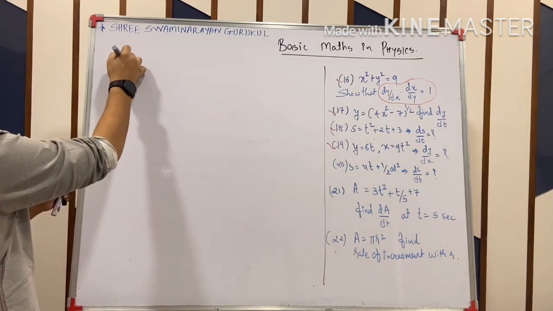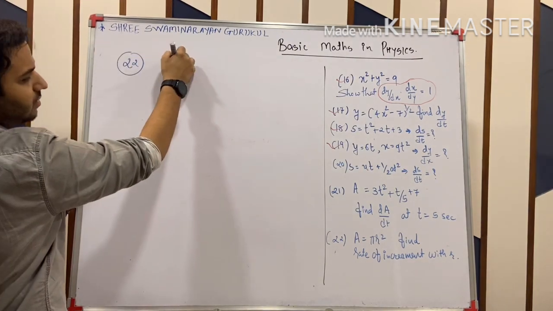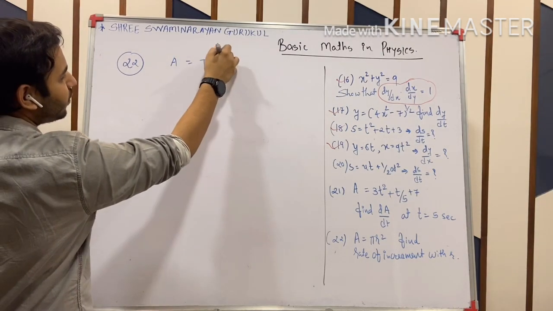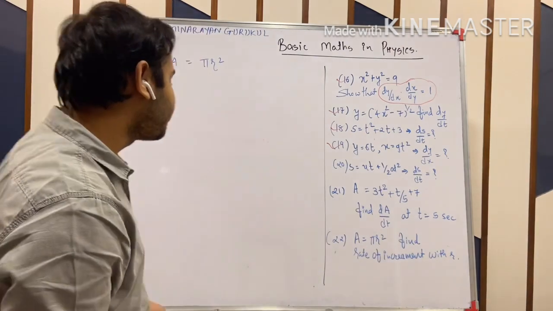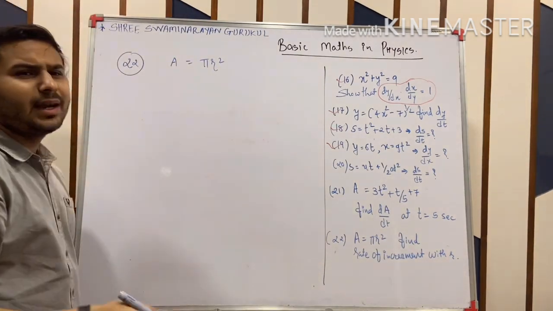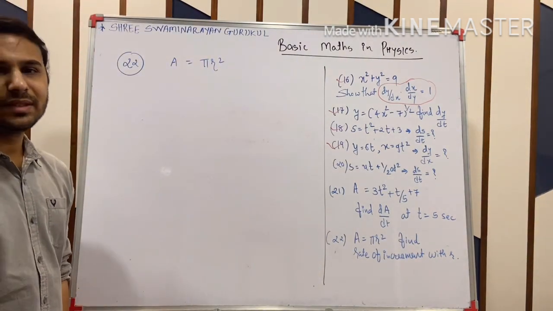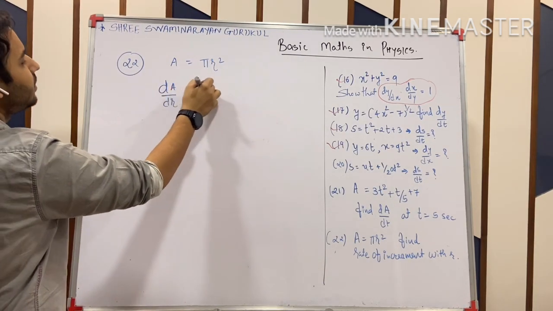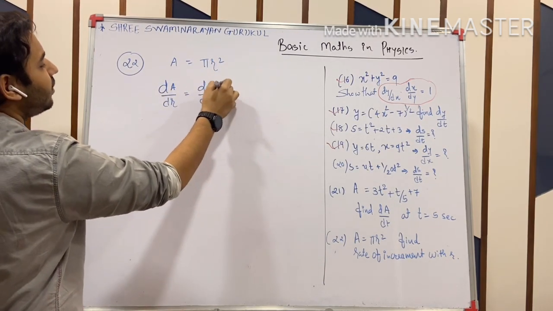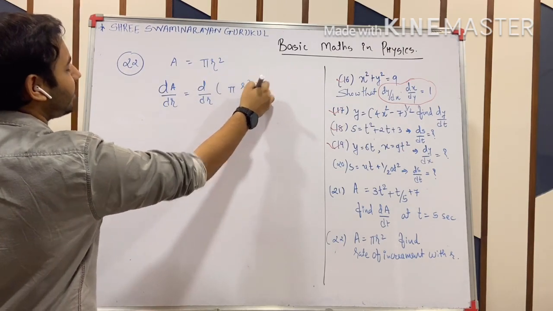Okay, A is equal to pi r square. Find rate of increment with r. Rate of increment or decrement, rate of change basically. So you must do dA by dr, which is dA by dr of pi r square.